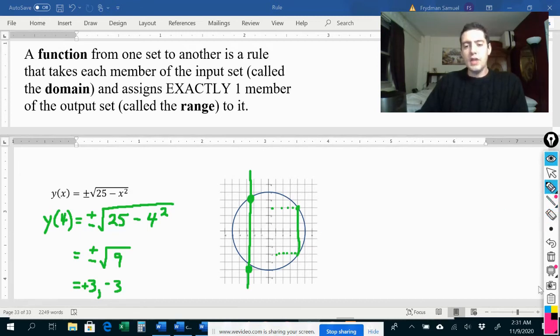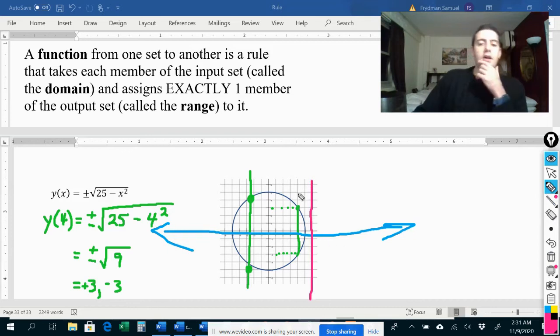So if we choose our domain to be all numbers on the x-axis, then by drawing this line over here, which would be in our domain, we would say, well, I drew a vertical line within my domain, and it did not hit this graph here, so I see that I do not have a function because I want all inputs in my domain to have exactly one output.